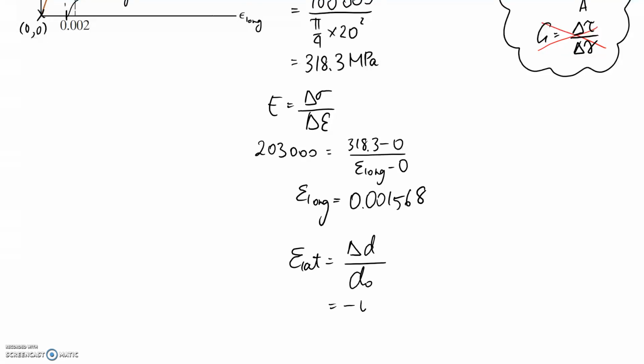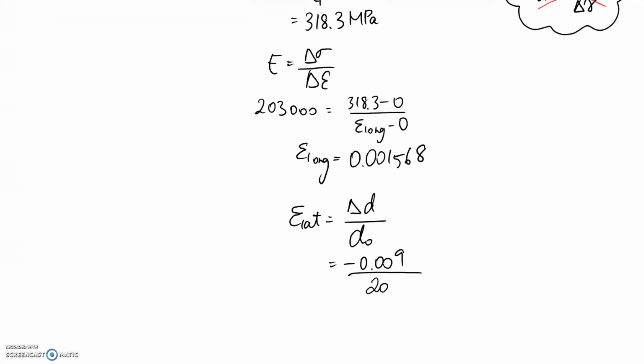So subbing in, I'm going to put this in as negative because we know it's getting smaller in that direction. And our original diameter was the 20 millimeters. So we can calculate that we have a lateral strain of negative 0.00045, remembering this negative is here because it's getting smaller in that direction.